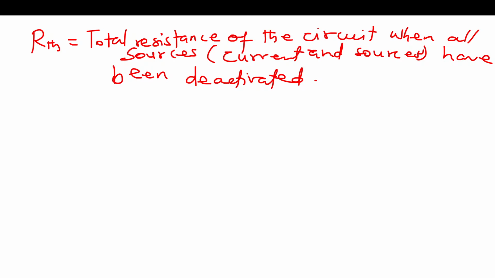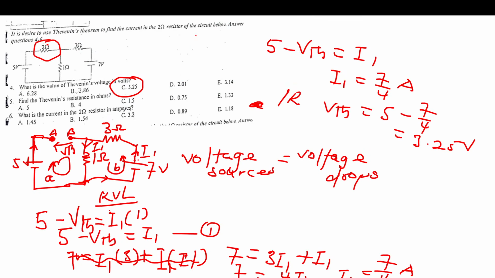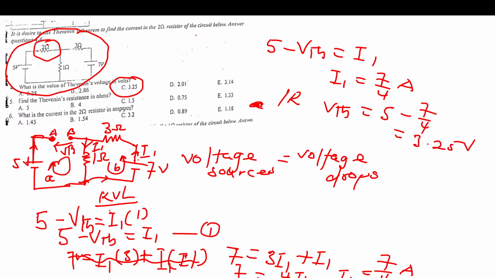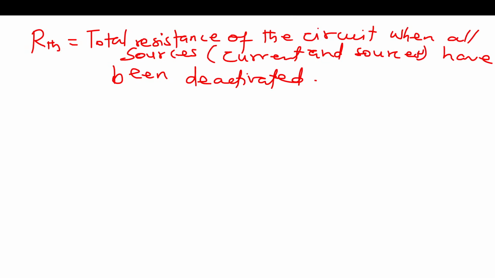Let's find RTH. So let's go back. Now this is how the circuit looks like. This is the question. Okay, in finding RTH, once again, we are going to put our RTH inside where we removed our resistor. How do we deactivate all sources?